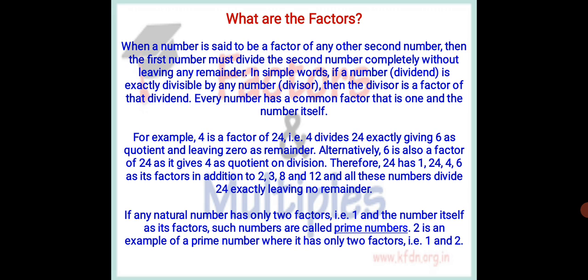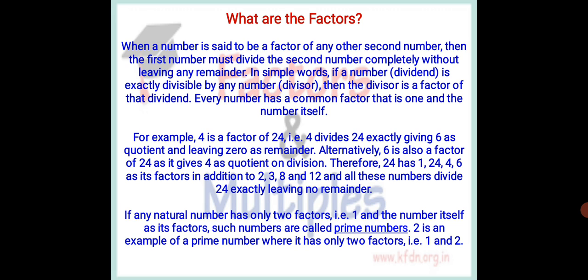So, I think the concept about factors is clear to you. Again, I am repeating the example with you. For example, 4 is a factor of 24. That is, 4 divides 24 exactly, giving 6 as quotient and leaving 0 as remainder.